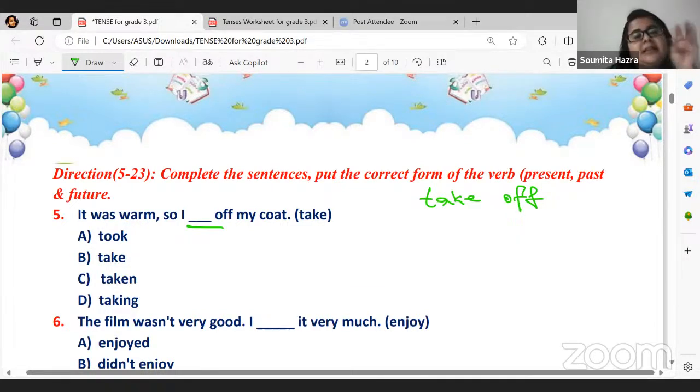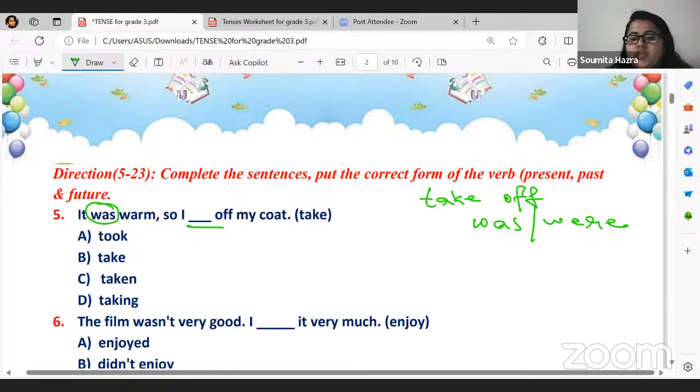There are some hints to understand this, which are hidden in the sentence itself. So it was warm, and was and were, these two are the be verbs that we use in case of past tense.